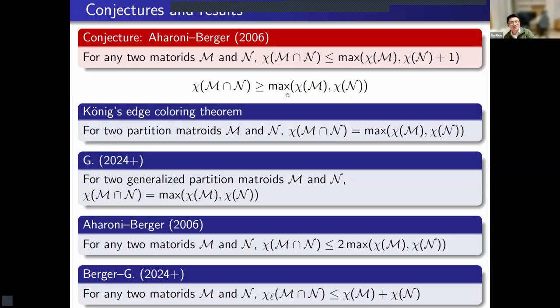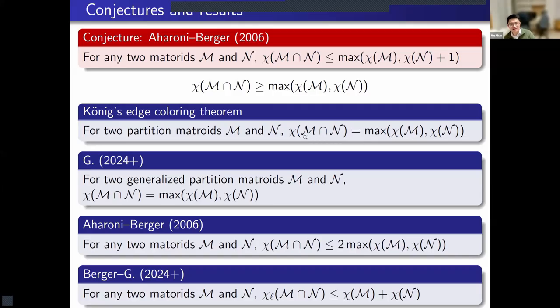And what is known? Here are some known results about this conjecture. First is the König edge coloring theorem, which you might have studied in your graph theory course. It says that for any two partition matroids M and N on the same ground set, equality holds, which means the chromatic number of their intersection is equal to the maximum of each of them.